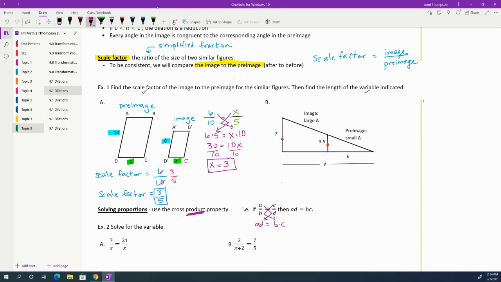For problem B, the similar figures might be a little harder to see. So the pre-image is going to be the small triangle, and the image is going to be this large triangle. I definitely recommend redrawing these two triangles here because you have kind of one embedded in the other, and it's going to be easy to kind of lose measurements.